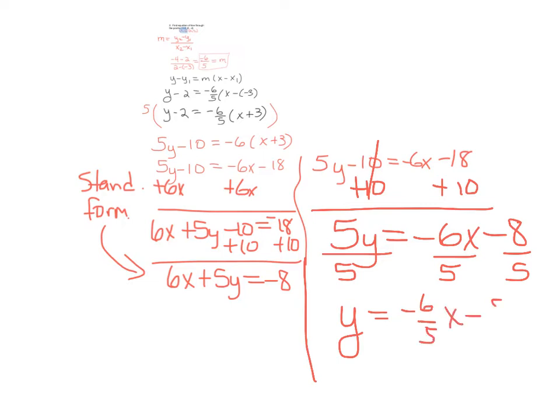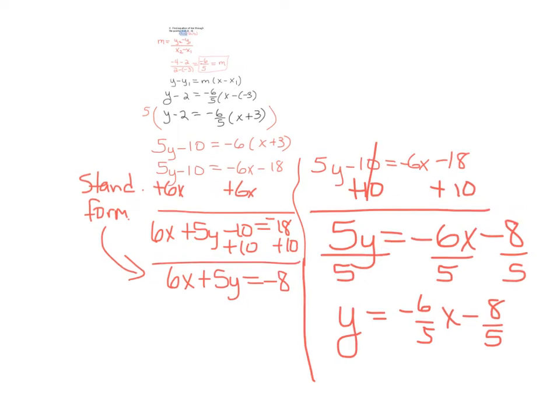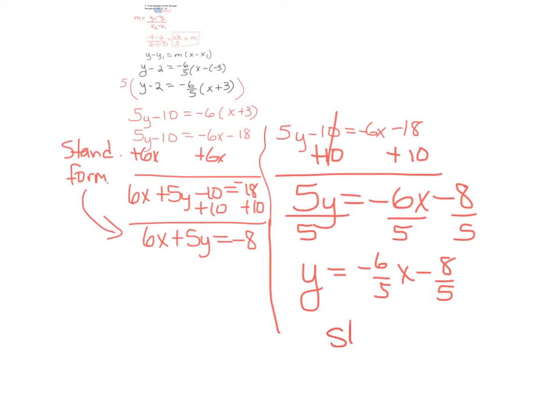However, standard form cannot. So if it said to leave it in slope-intercept, this would be what it would look like. However, if it said standard form, then it would be that one. Be able to give your answer in all three forms.